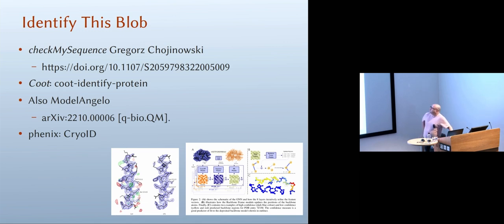What is it? There is Check My Sequence from ARP/wARP, or a spin-off from ARP/wARP. What I'll be talking about for a couple of slides is Coot's attempt to address this question. And as you may know, ModelAngelo can address this question as well, and it's in the publication process at the moment.